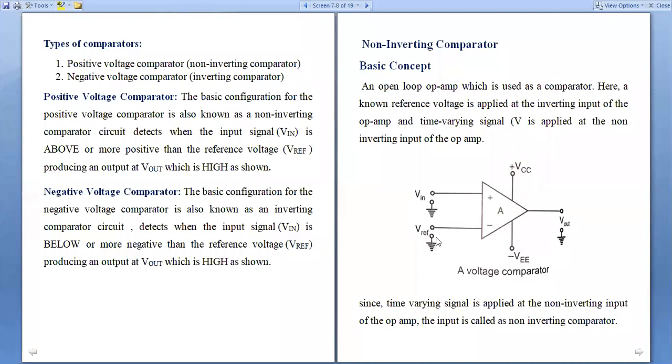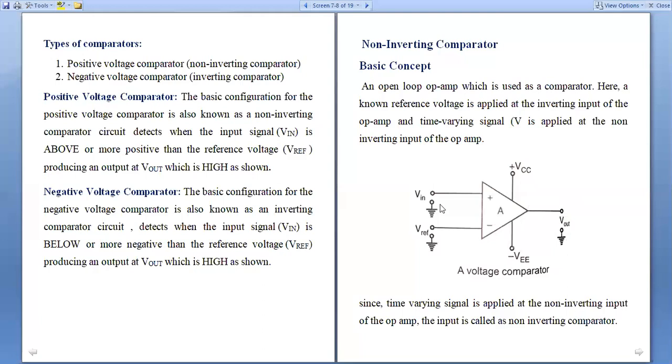The standard reference signal is connected to the inverting terminal or negative terminal, and the input supply is connected to the non-inverting terminal. These two are biased voltages, plus VCC and minus VEE, and here we will see the output voltage.